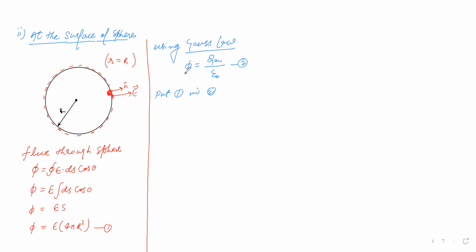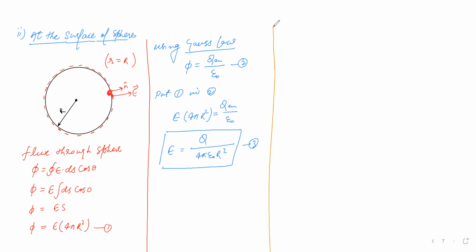When you put the value of 1 in 2, you get E into 4 pi r square is equal to Q enclosed over epsilon naught, which gives E is equal to Q over 4 pi epsilon naught r square. This is the value of electric field. If you want to calculate it in terms of density, then you can again mention it here in terms of density.